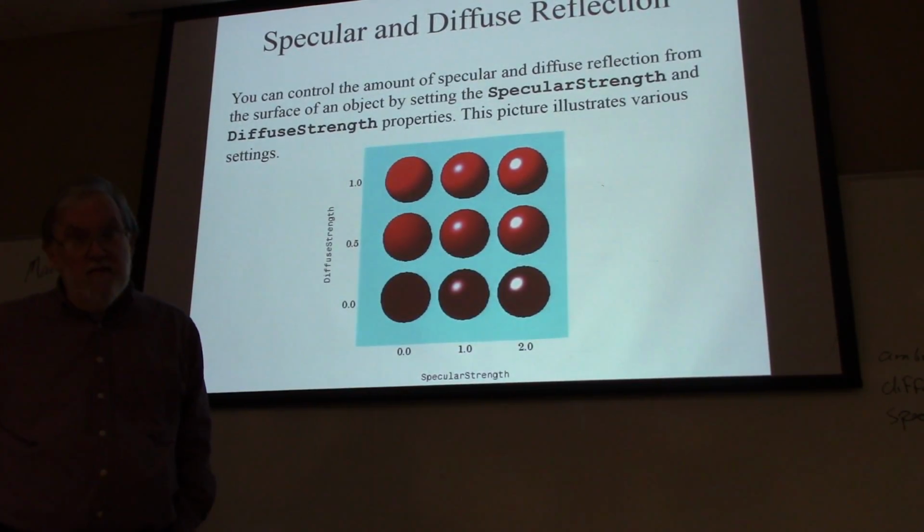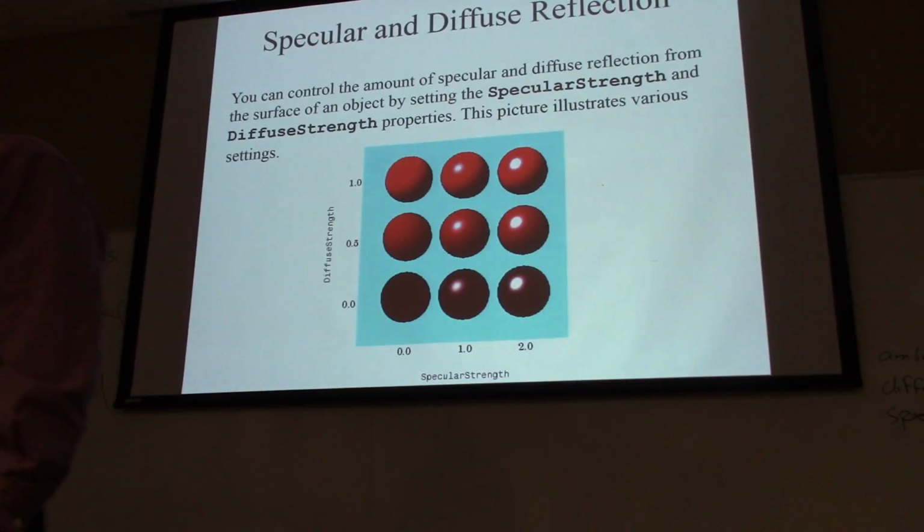Okay, so here we've got a series of spheres, and we are varying the components of specular strength and diffuse strength from 0 to 2. So the higher the specular strength, the brighter the specular component, and the higher the diffuse strength, the brighter the diffuse component is.